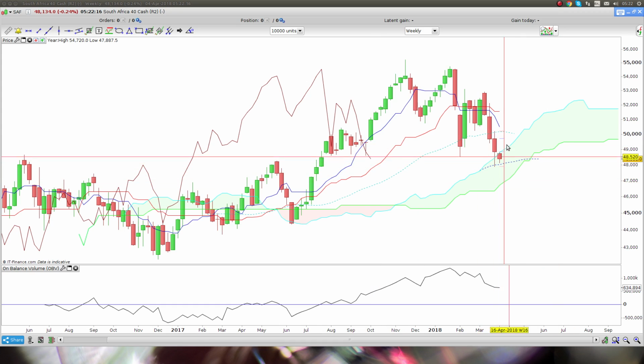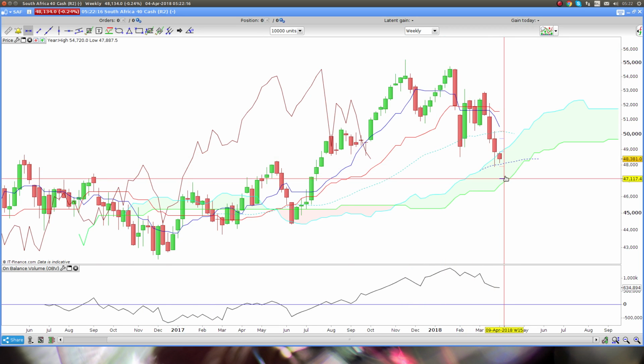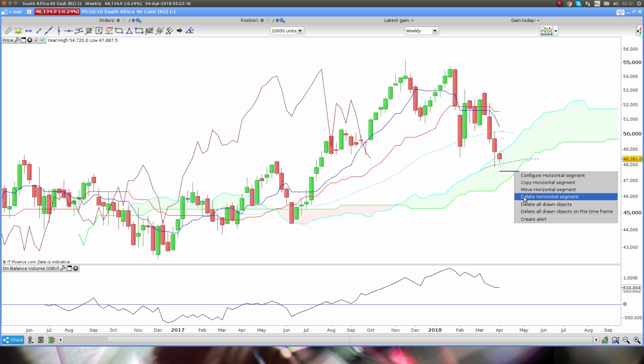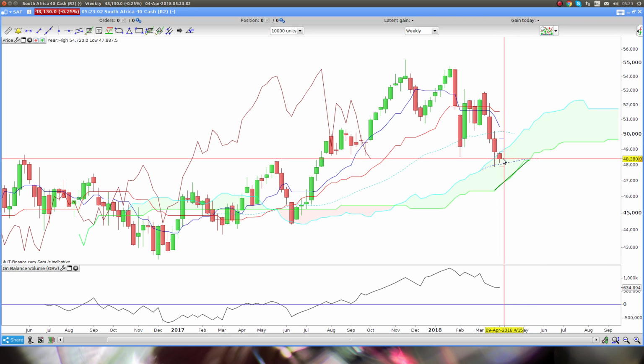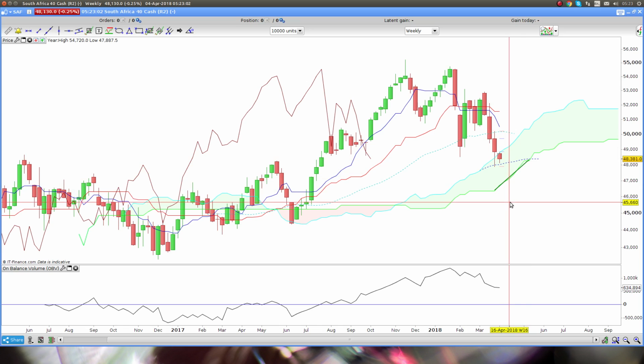So a lot of people would be saying this is opportunity for some more bullish action, and the next logical place where price will hold up would obviously be along the cloud. So that would be the next logical place for it to hold up.